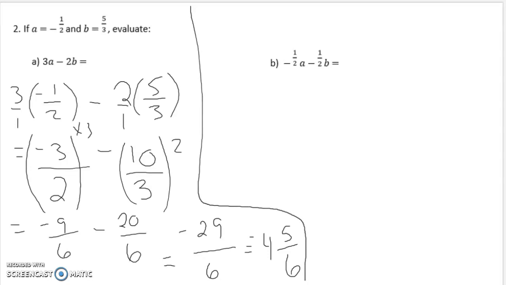Okay? So B, we have -1/2 times A, so I'm just going to write it like -1/2. And then A is replaced with this right here, -1/2. So -1/2. And then subtract another half. And then B is 5/3.